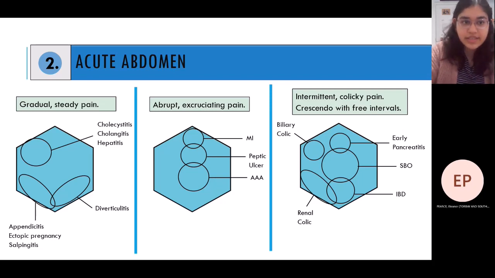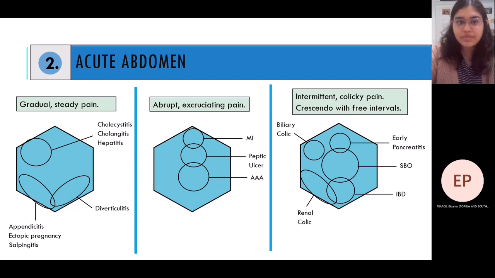So cholecystitis, hepatitis, diverticulitis, appendicitis, any of these that cause inflammation will get worse with time. Also important to remember salpingitis, so inflammation of the ovary and fallopian tube, as well as ectopic pregnancies, which can present similarly.